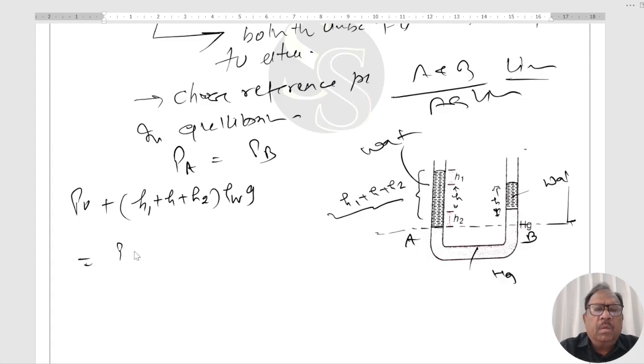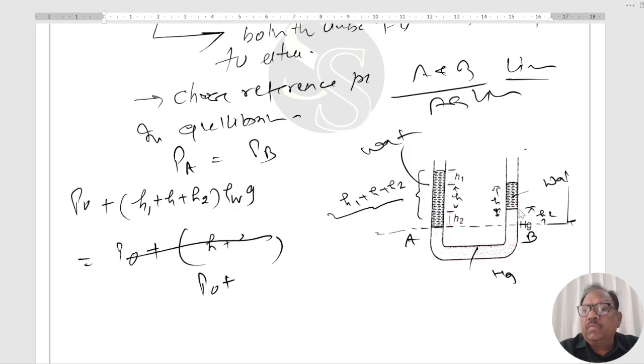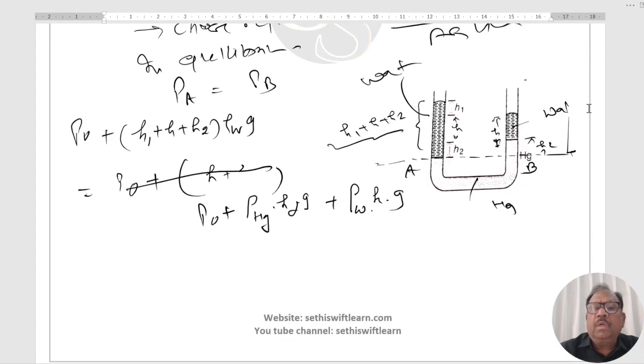P_B equals P naught plus this is H2, this is H. P naught plus, first of all, mercury is there, rho mercury into H2 into g, plus rho water into H into g. This is all about this, right?